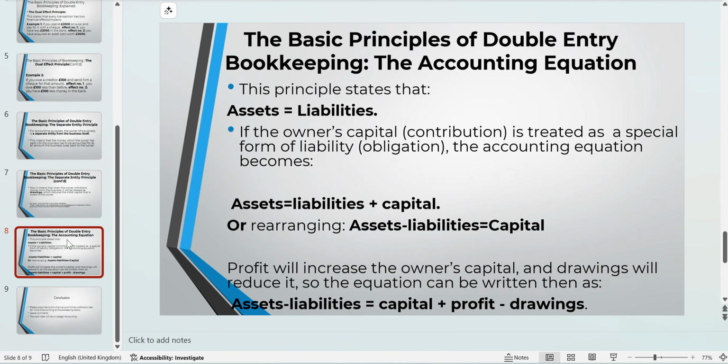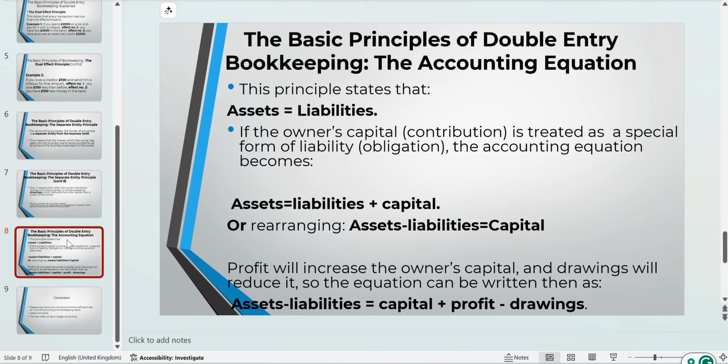So the next principle here is the accounting equation. This principle states that assets equal liabilities. If the owner's capital, which is the contribution, is treated as a special form of liability or obligation, the accounting equation becomes assets equal liabilities plus capital. When you rearrange this equation, it will be assets minus liabilities equal capital.